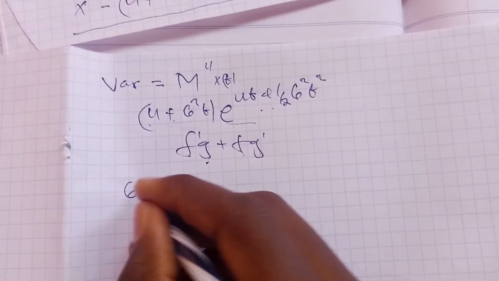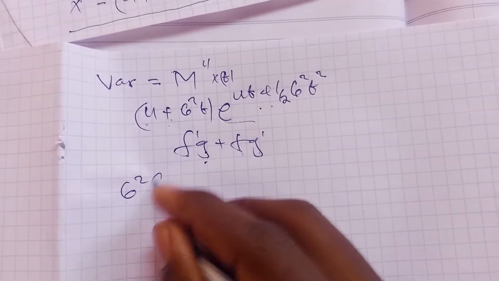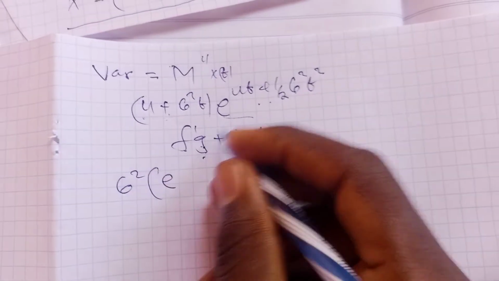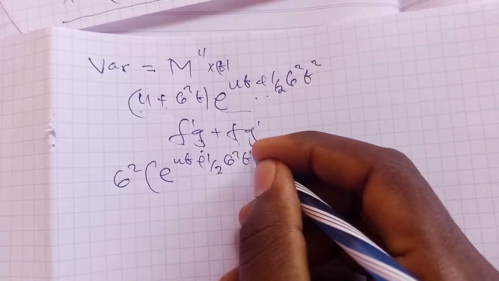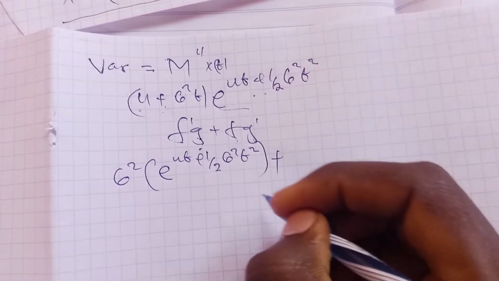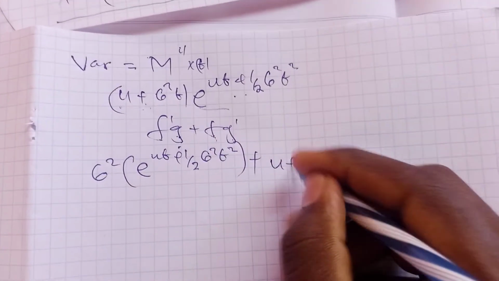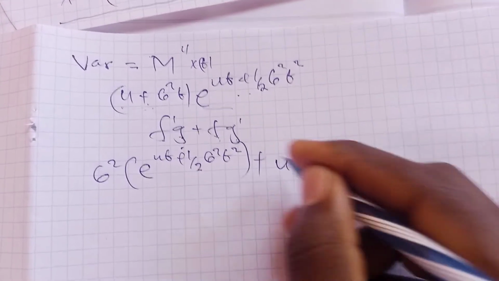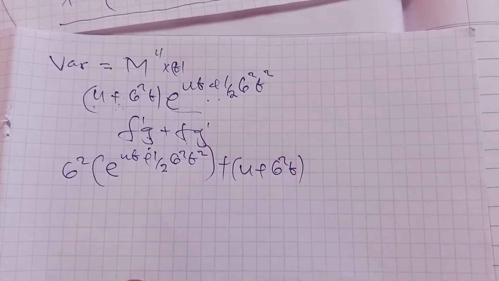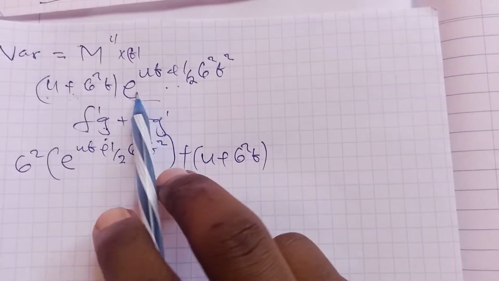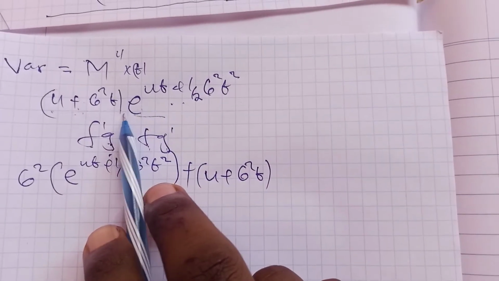I'm going to get sigma squared, then multiply by the exponential. You hold this constant, so it will be ut plus half sigma squared t squared, then plus, you hold this u plus sigma squared t, then differentiate this. When you differentiate this, you drop it here.